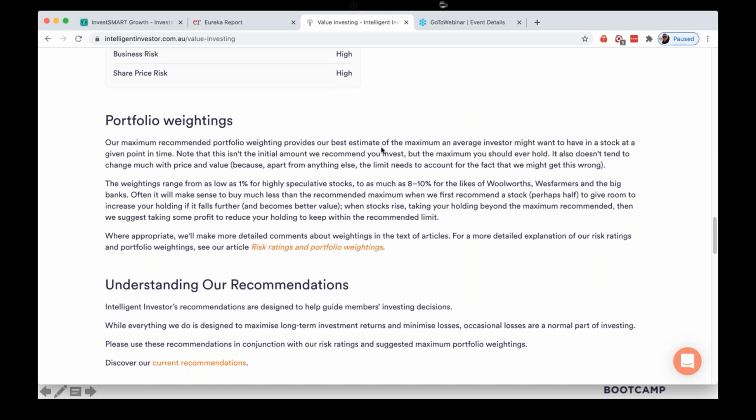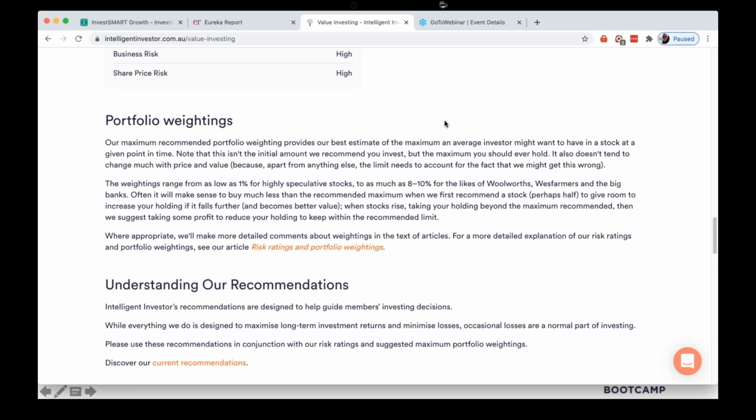So it's, I guess, essentially a best estimate. You don't have to follow that, but what they're saying is that it's for an average investor. That's the kind of exposure that you'd like to have in a portfolio yourself.